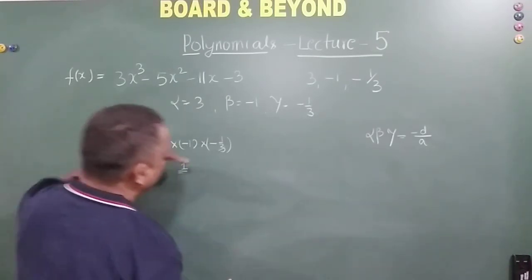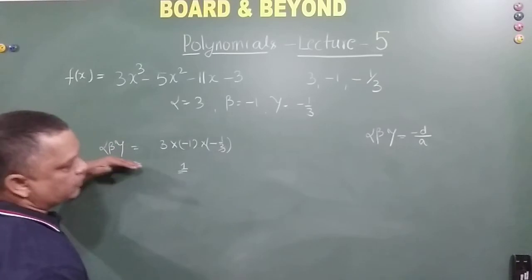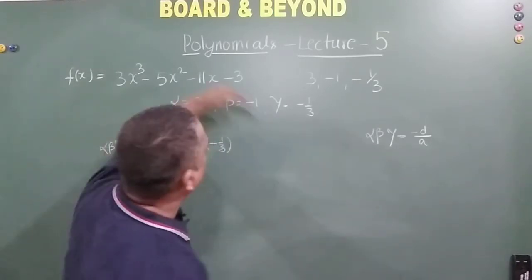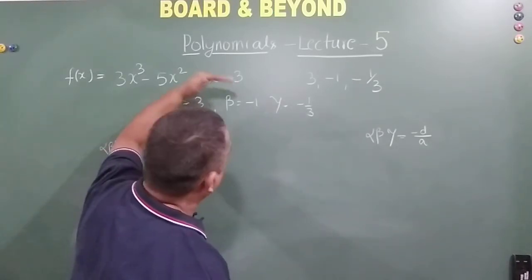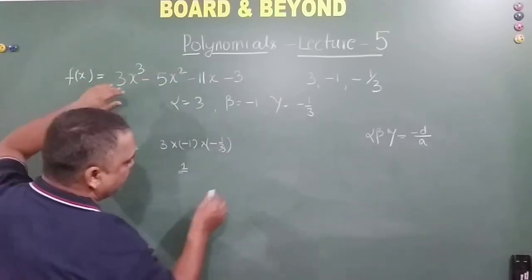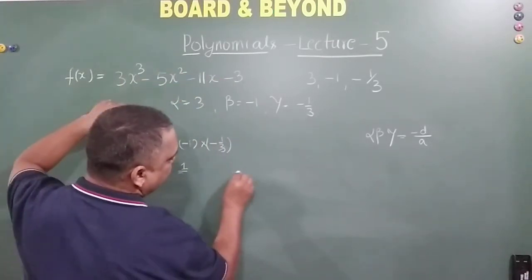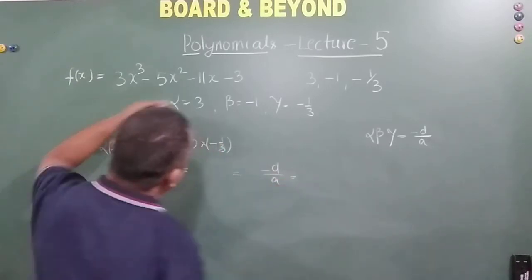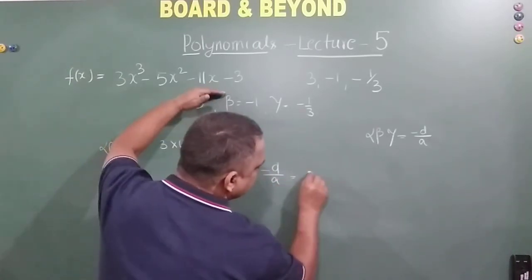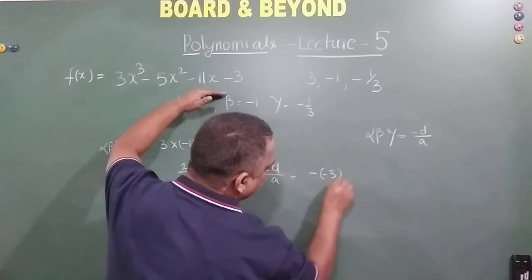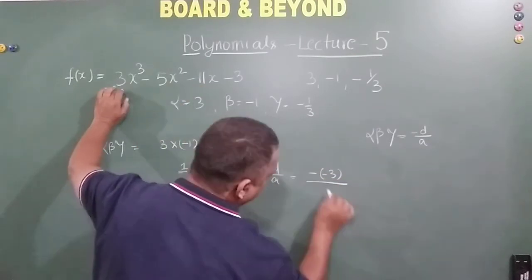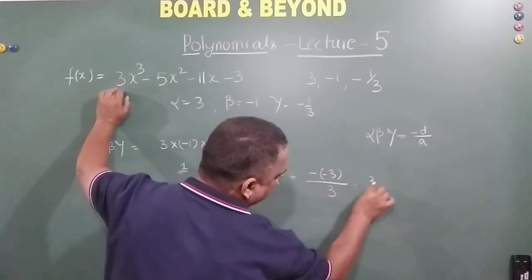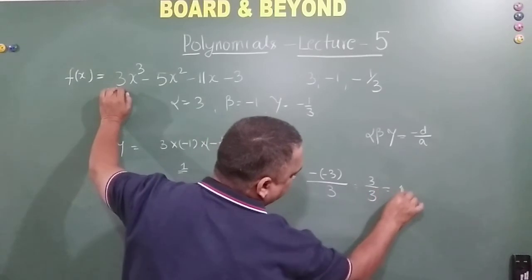right? Now alpha into beta into gamma, as per this equation or the coefficient, should be equal to minus d by a. Okay, so look at the original equation. This is minus of minus 3 divided by 3, that is equal to 3 by 3, which is also equal to 1.